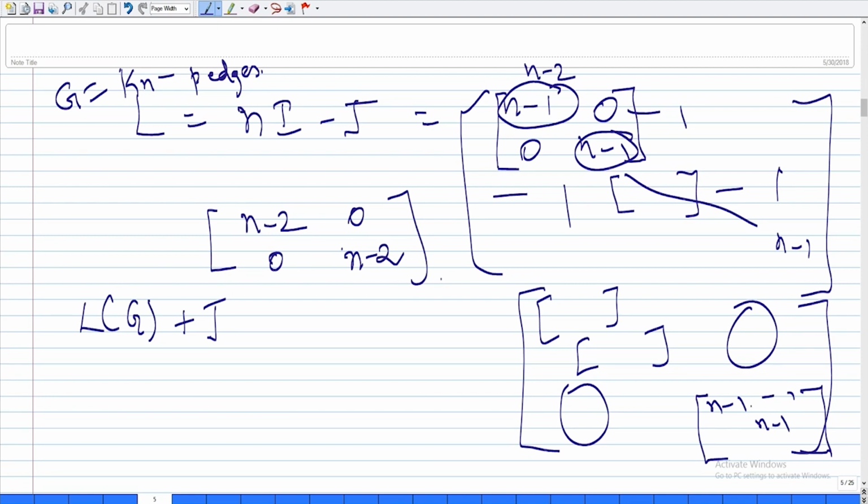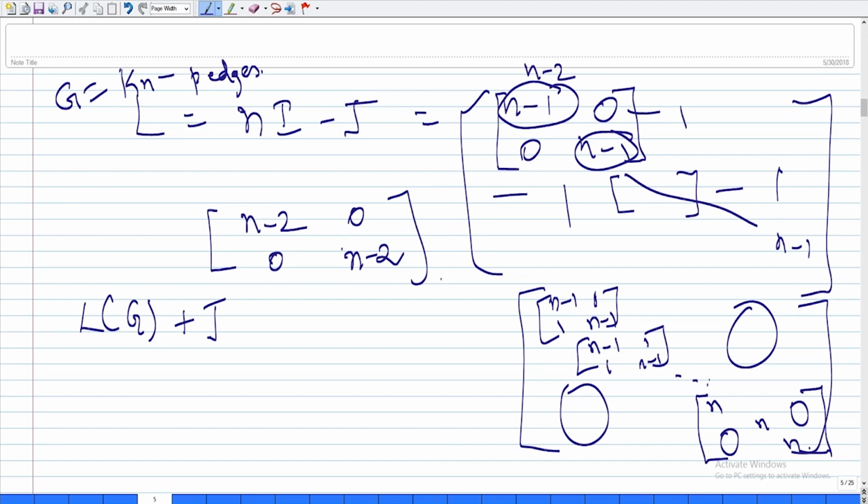So, now when I add J to it, all these entries become n and these would also become 0, right. It is a block matrix of nI here of order n minus 2p, right. And in each of this block I get n minus 1, 1, 1, n minus 1, right. So, each of this block is going to look like this, and the last block would be an nI block, right.